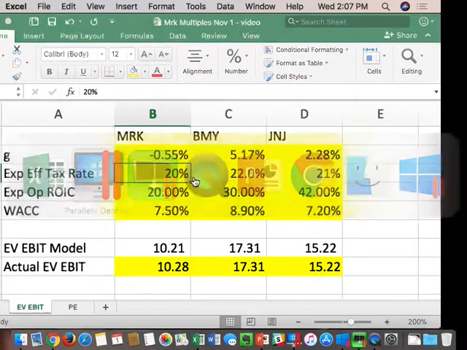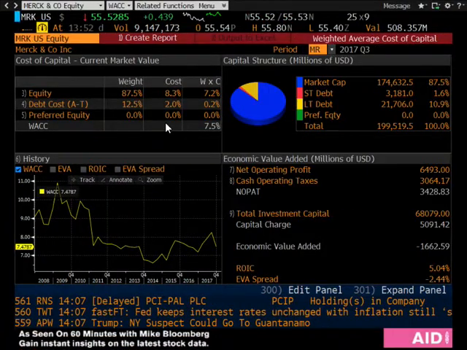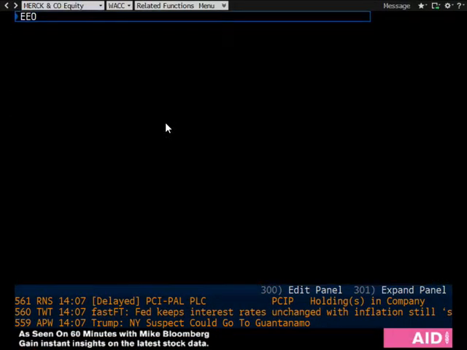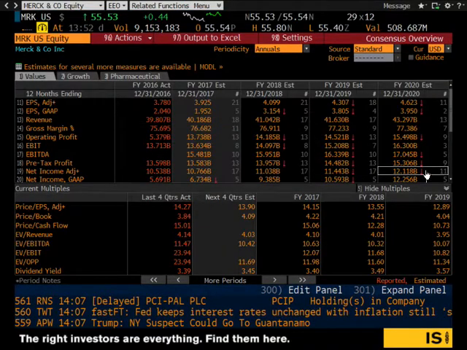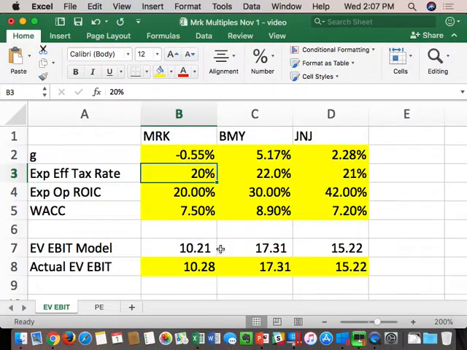So to finish off Merck, the other thing I need to do, I'll get this off the EEO screen, is that today their PE on 2018 is 13.55.